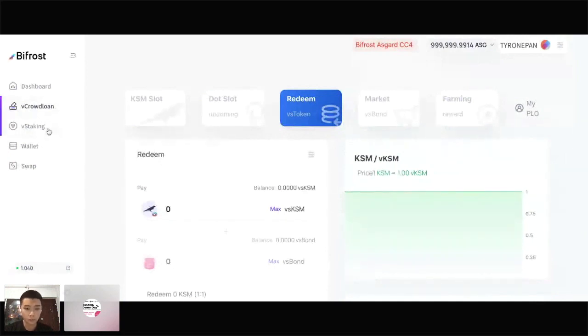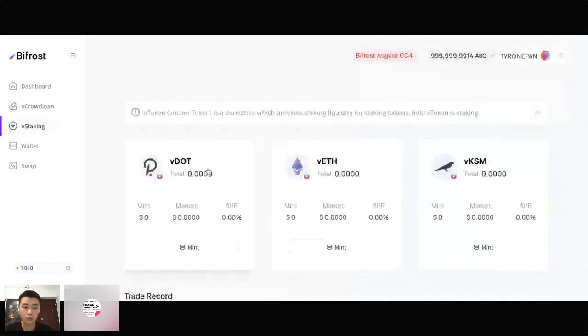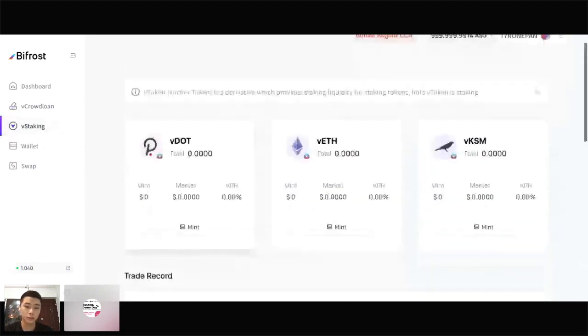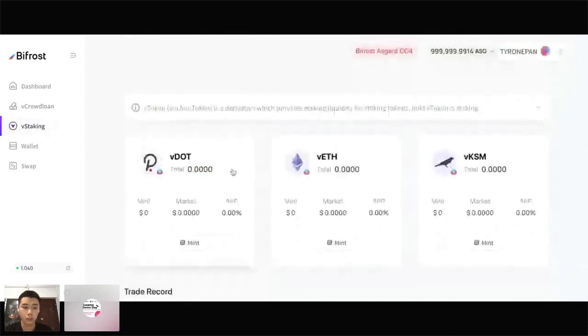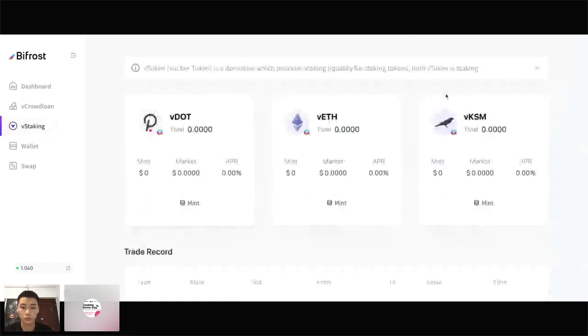And finally, we will be onboarding restaking in the near future, and it has not been completely developed. And here's some demo.